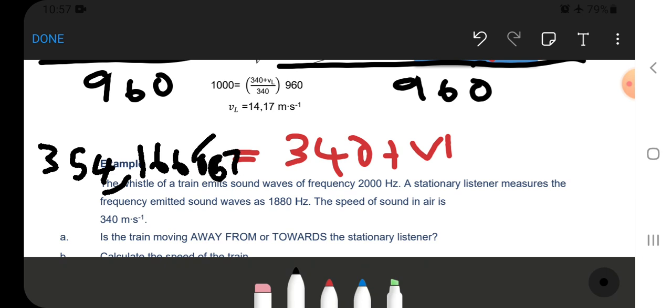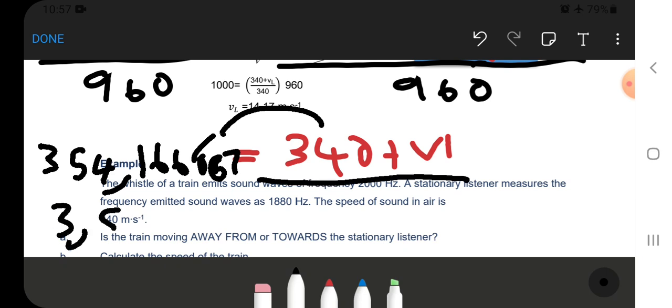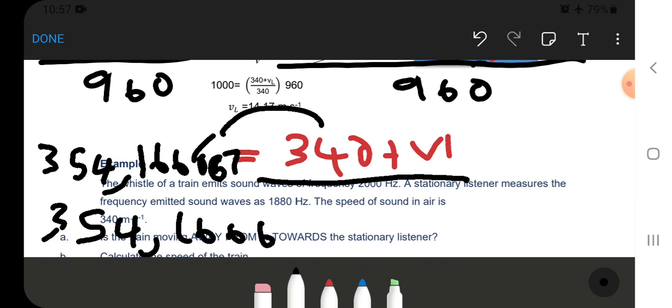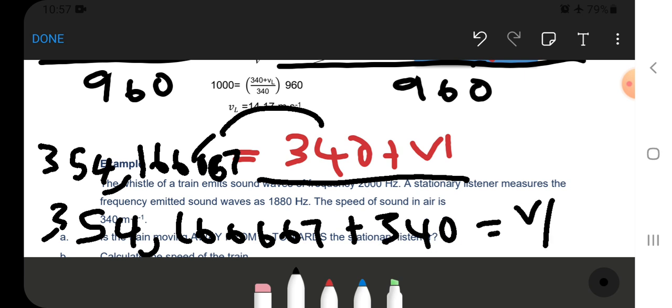Because we are adding, we can move this 340 to the other side. It will be 354.16667 minus 340 equals VL.